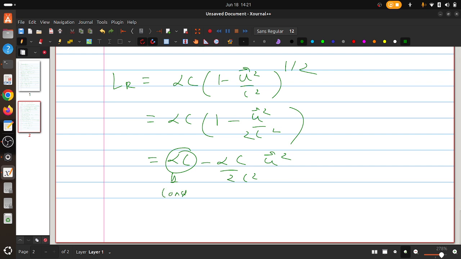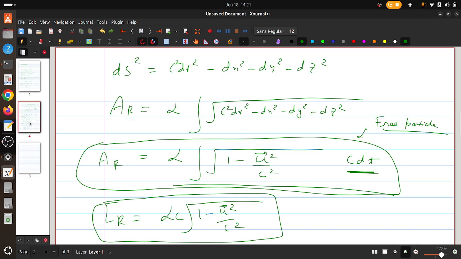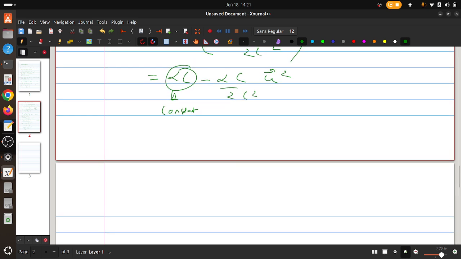It is a constant. So anything added to or subtracted from the Lagrangian as a constant doesn't matter, because it doesn't affect the equations of motion, because equations of motion are in terms of derivatives, right? So we can finally write the relativistic Lagrangian as minus alpha c by 2 c square times u square itself.